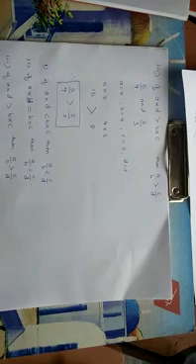And the third and last rule, if a into d is greater than b into c, then a upon b is greater than c upon d. So these 3 rules are used to compare two rational numbers.